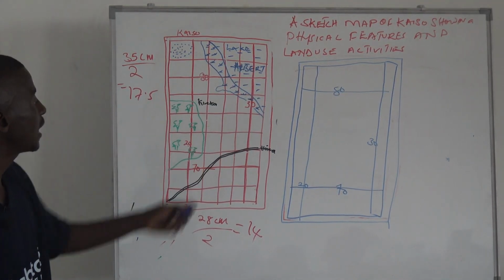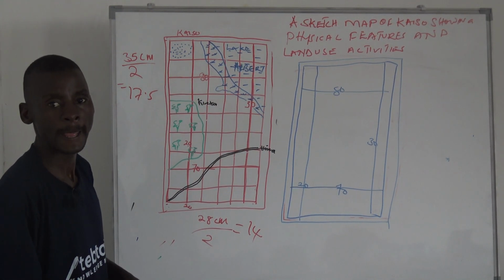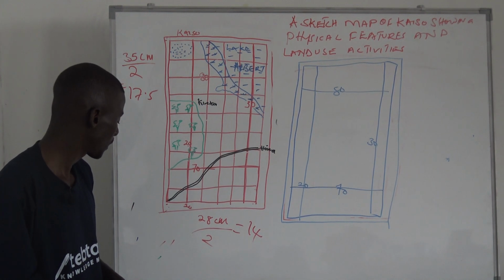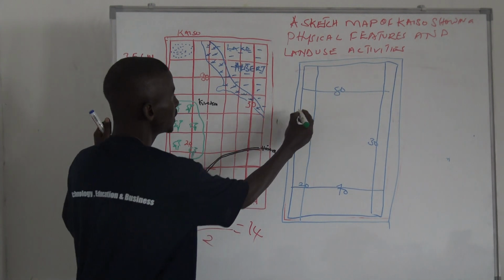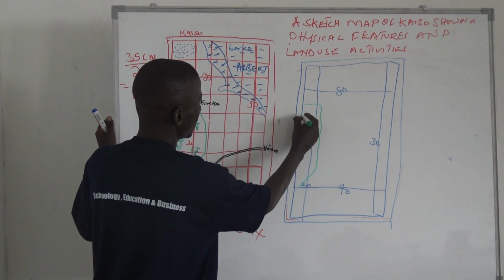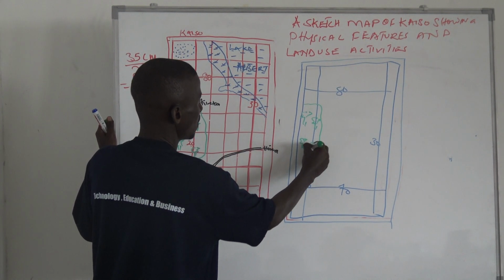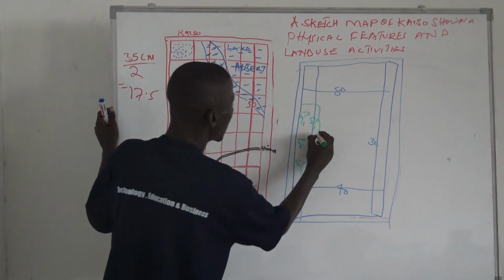Then after drawing that, you include what you were required to put in. The forest, this side. Don't forget to mark and name.